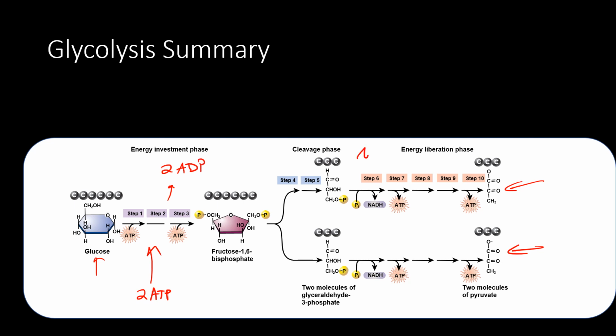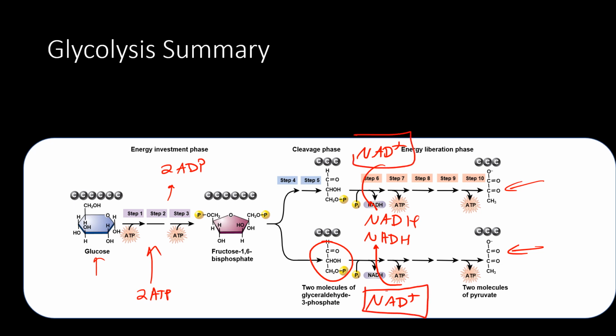We took 2 NAD+ molecules, and we got the energy out of the G3P to make NADH. Now, it's important to realize that without NAD+, you are unable to extract the energy from G3P, and so the pathway will stop here.